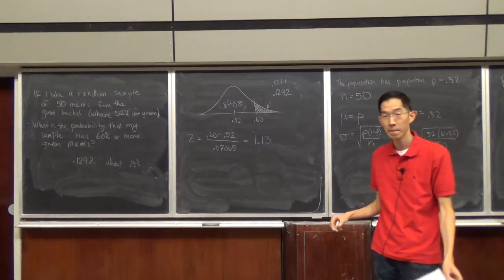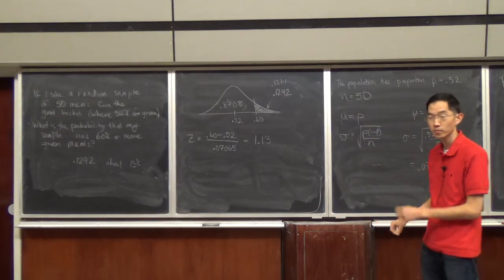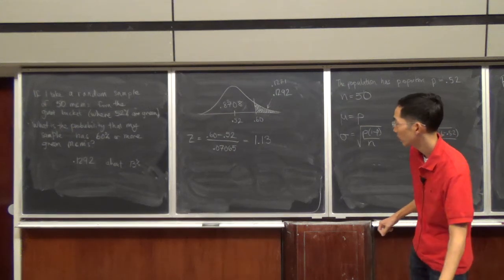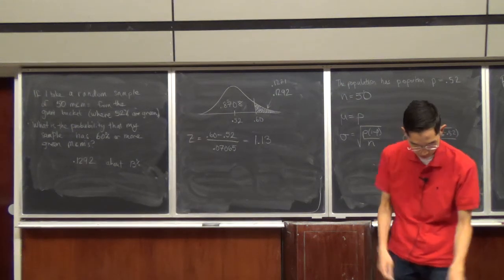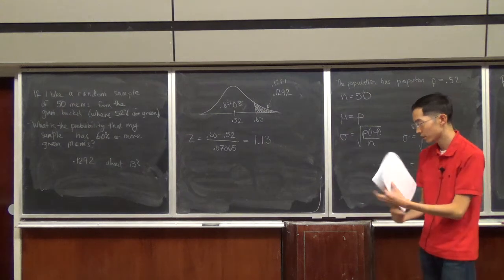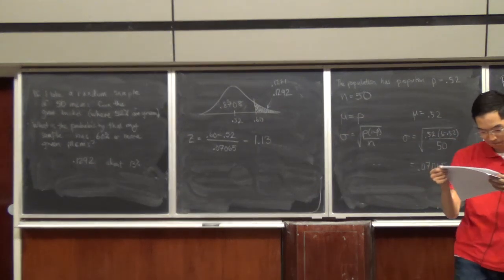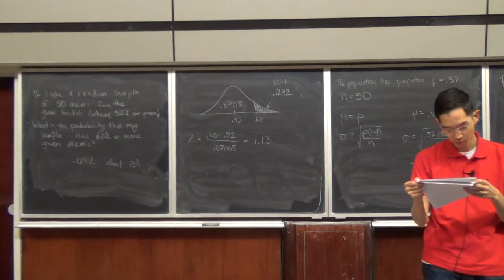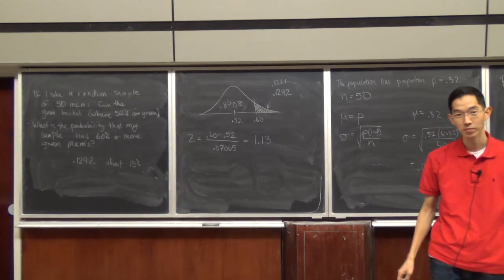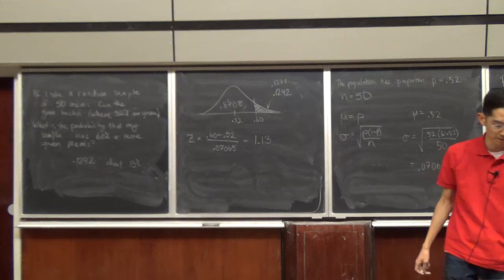Well, don't you do 1 minus 0.8792? I don't think it's 0.8792, I think it's 0.8729. All right, yeah, you're right. I switched it up.